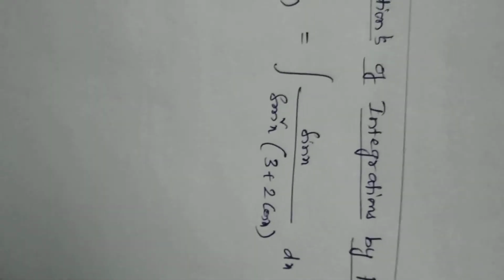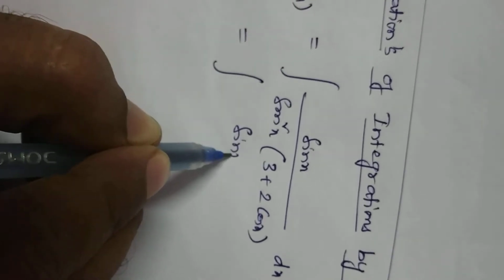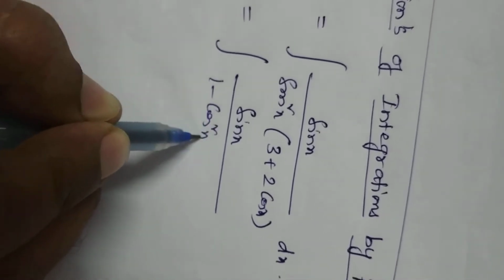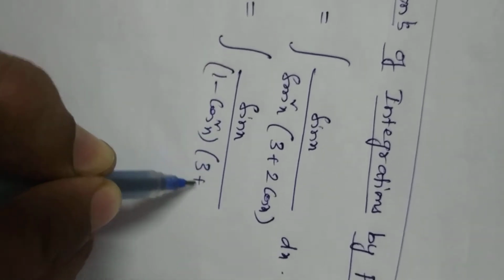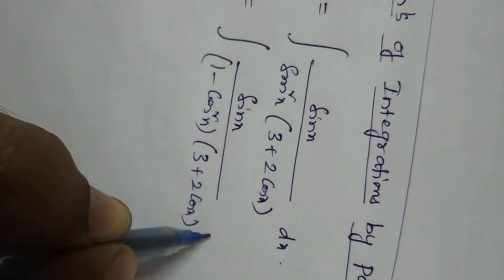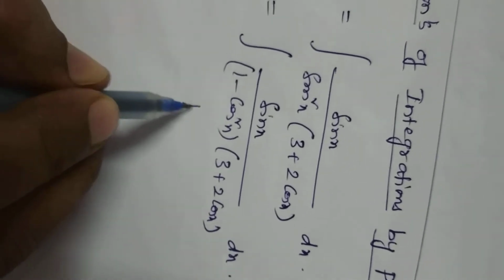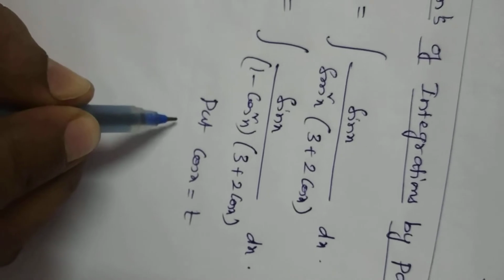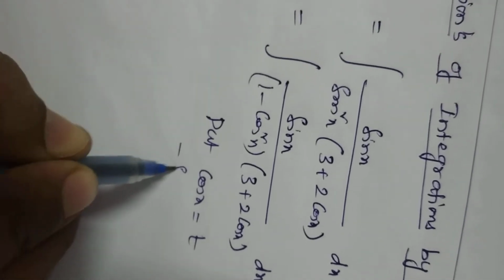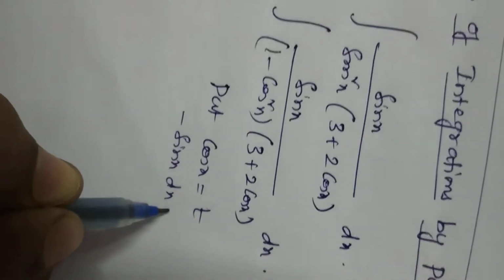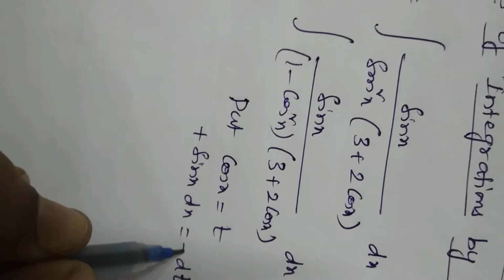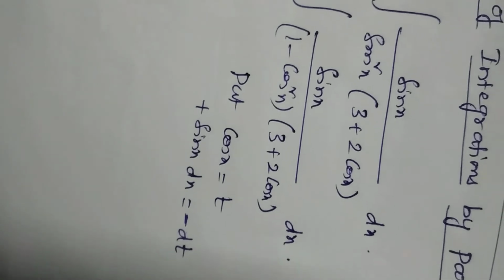Sin square x can be written as 1 minus cos square x. Now put cos x equal to t. Then minus sin x dx equals dt, or sin x dx equals minus dt.